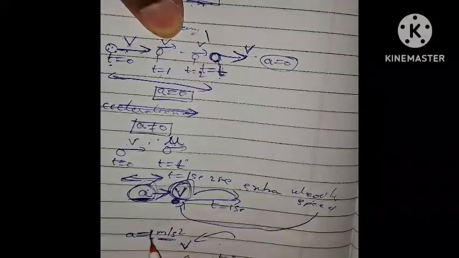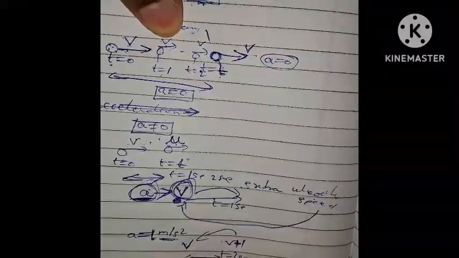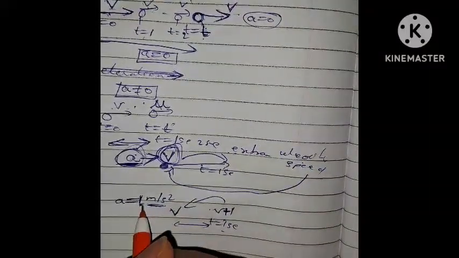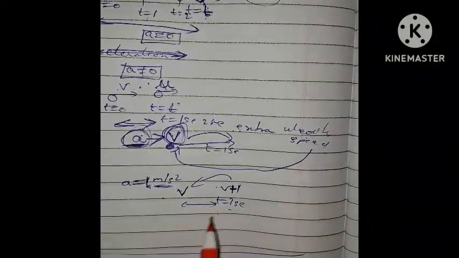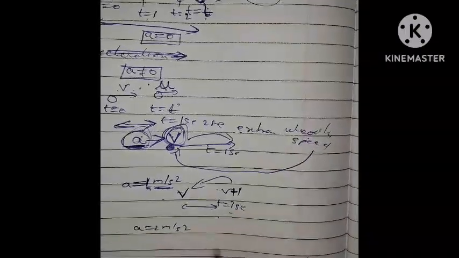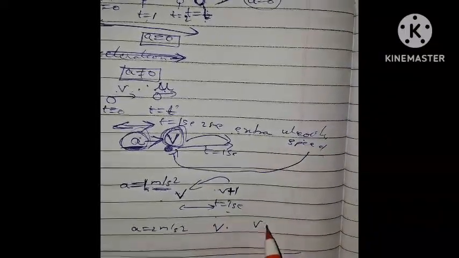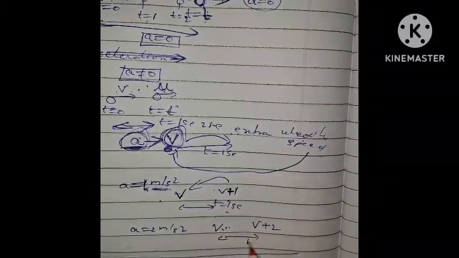It is 1 unit. 1 unit will be increased in 1 second because acceleration is 1. So basically acceleration tells us how much value will be added to the velocity in 1 second. If acceleration equals 2 meter per second square, plus 2 units will be added to the initial velocity in 1 second.